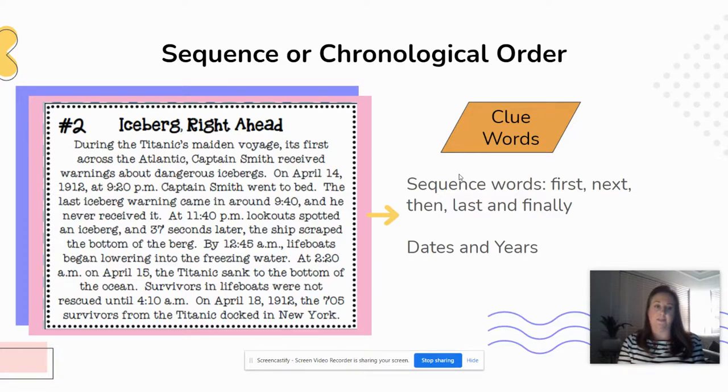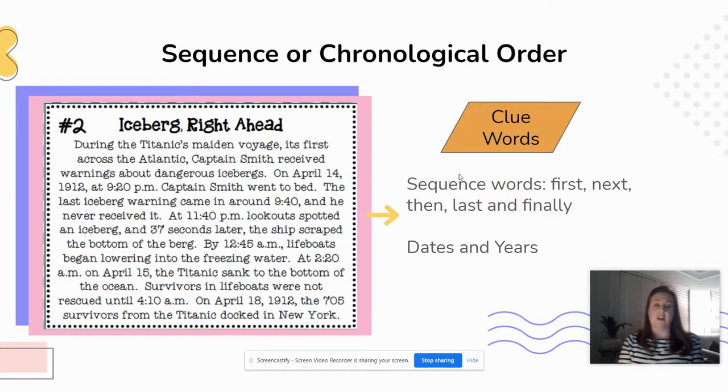Iceberg right ahead. During the Titanic's maiden voyage, its first across the Atlantic, Captain Smith received warnings about dangerous icebergs. On April 14, 1912, at 9:20 p.m., Captain Smith went to bed. The last iceberg warning came in around 9:40, and he never received it. At 11:40 p.m., lookouts spotted an iceberg, and 37 seconds later, the ship scraped the bottom of the berg.